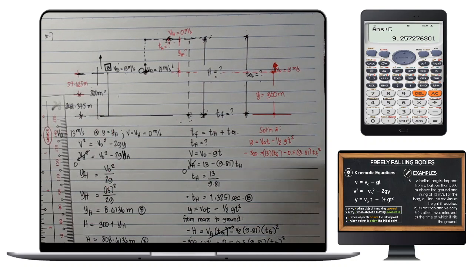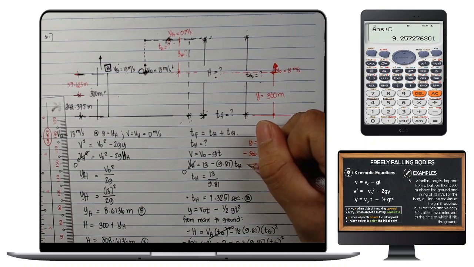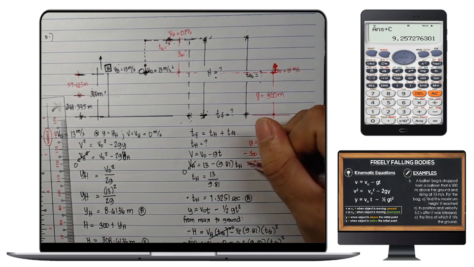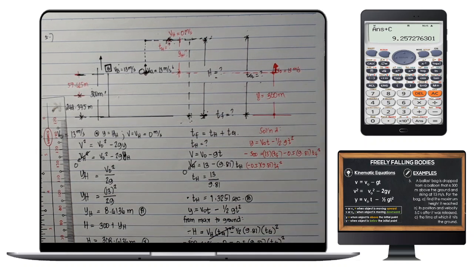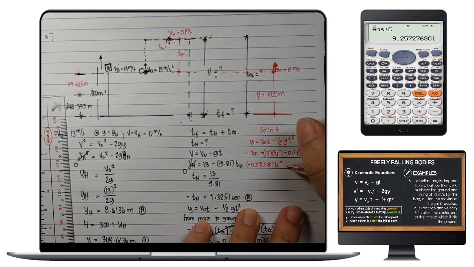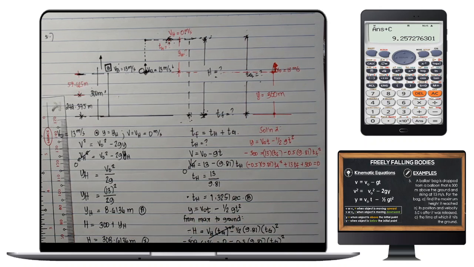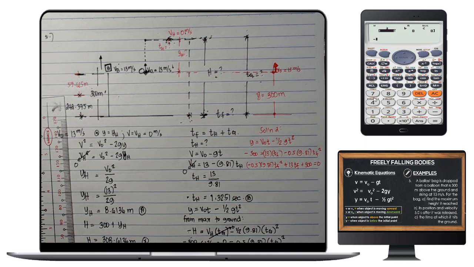So, form lang tayo ng quadratic equation. So, we have negative 0.5 times 9.81. This is time of flight being squared. Then, plus 13 times time of flight, then transpose, plus 300 is equal to 0. And we form a quadratic equation. Okay, let's use mode 5, 3. So, we have negative 0.5 times 9.81.